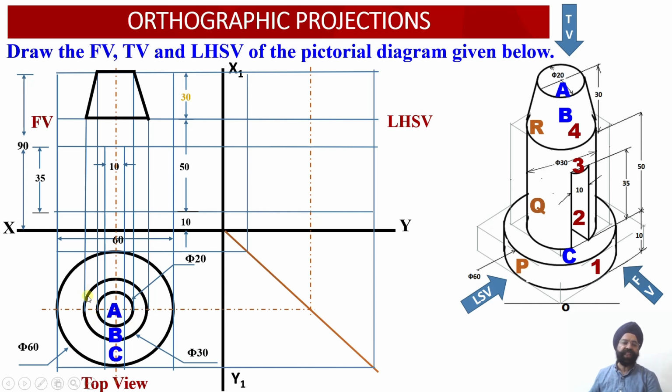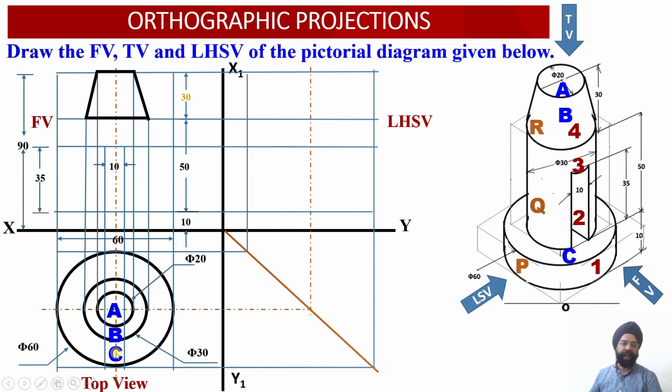This section represents my surface B, and this is the apparent shape of surface B, because this surface B is much smaller than the actual construction which appears in the isometric projection. So this is the apparent shape.